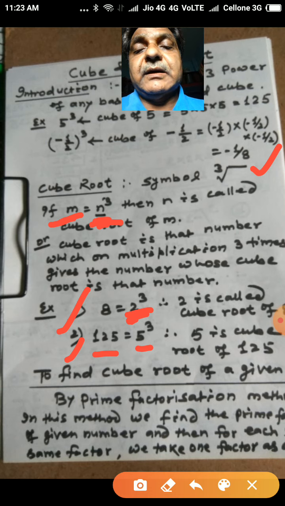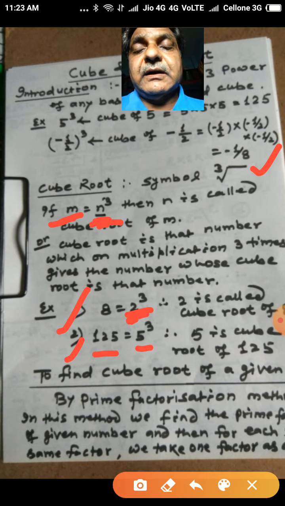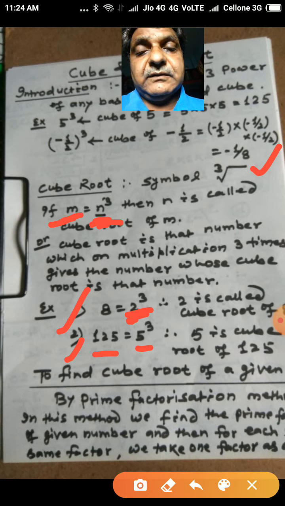For example, we have taken these, but suppose a bigger number is given and it is asked to find its cube root, then what will be the process in the case of a bigger number? Because these are smaller numbers, we can orally reply that the given number is the cube of that, so this is the cube root. But in the case of a larger number, we should follow the prime factorization method.